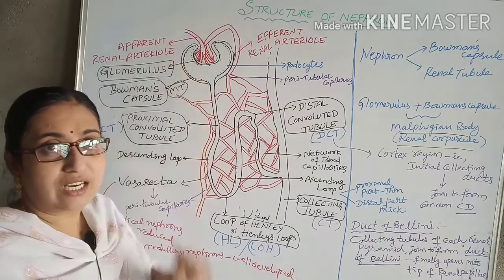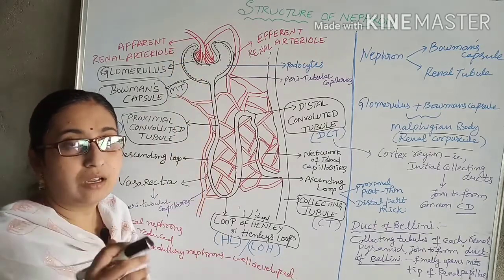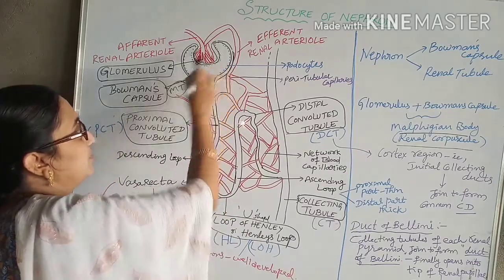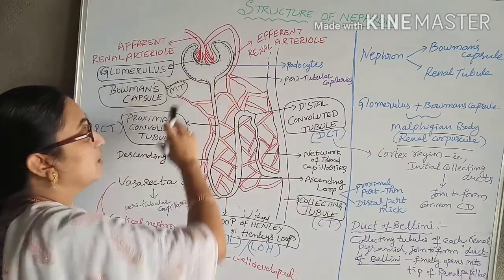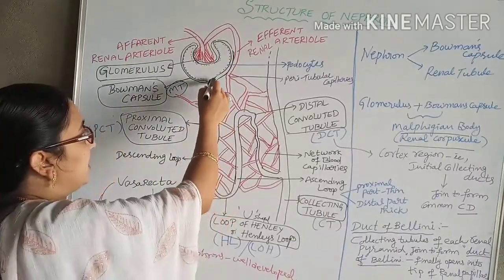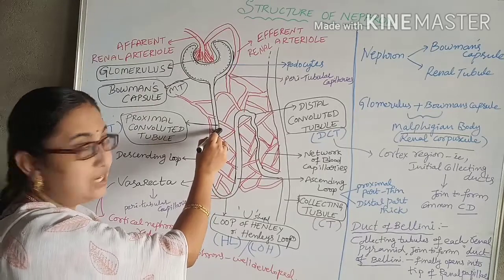The podocyte cells consist of slits, they are not continuous. So they consist of some small gaps between the cells. From these gaps the blood gets filtered and enters into the proximal convoluted tubule.